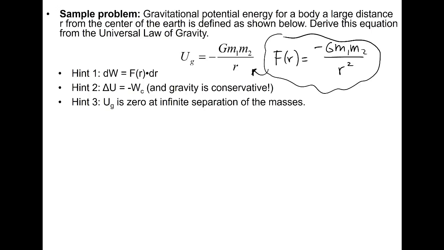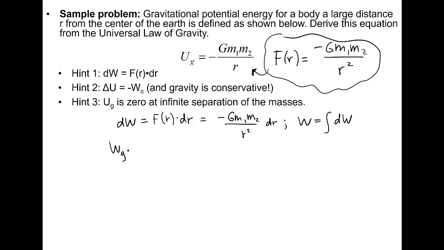So we have a couple of hints here. And the first hint is to use the fact that a small amount of work is going to be F of r dr. And we've seen this before when we did work. So that's going to be negative G m1 m2 over r squared dr. And we know that work is the integral of dW.